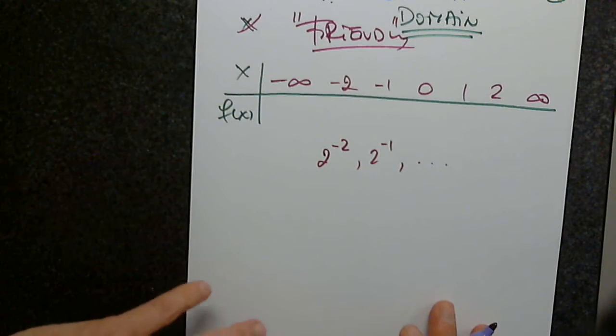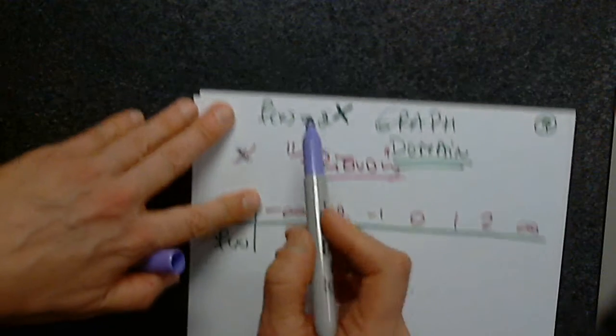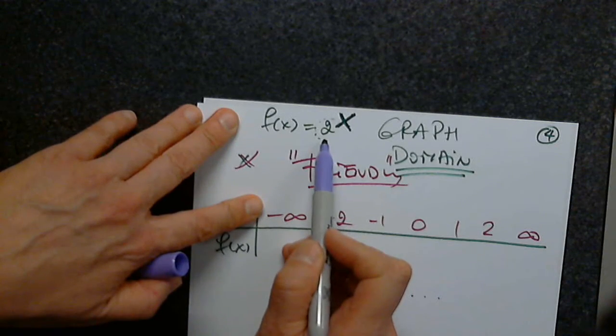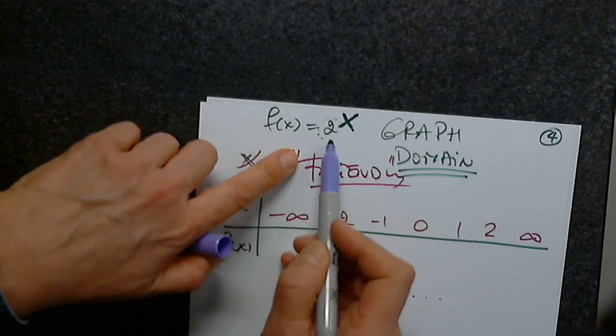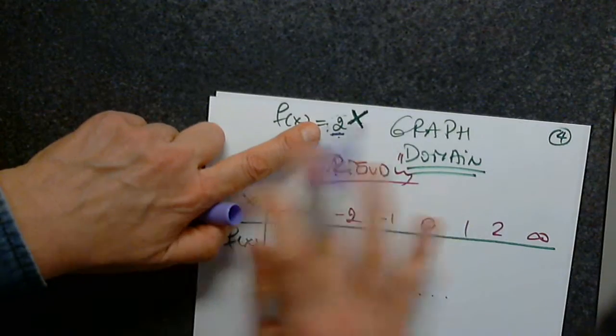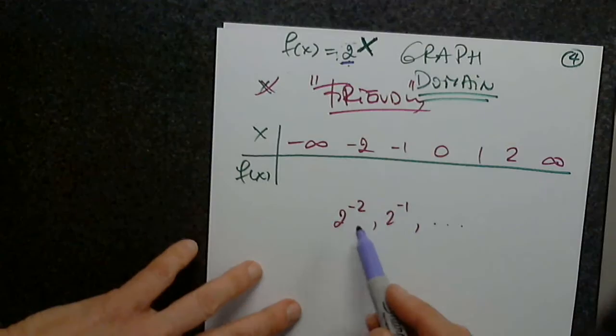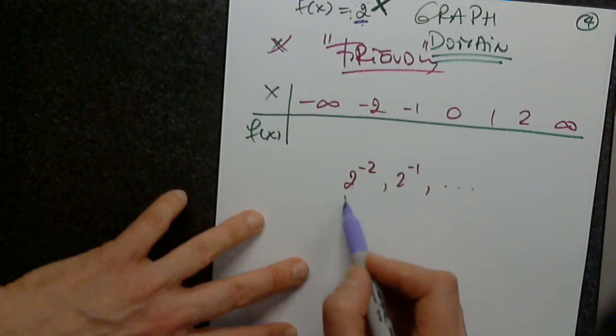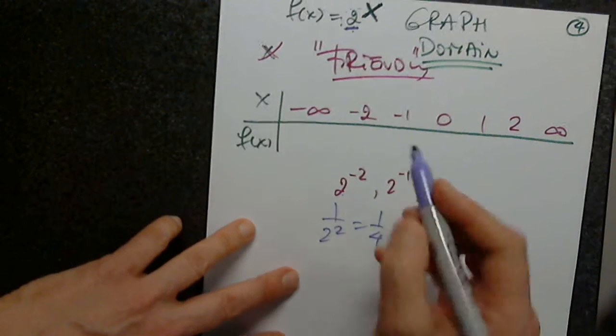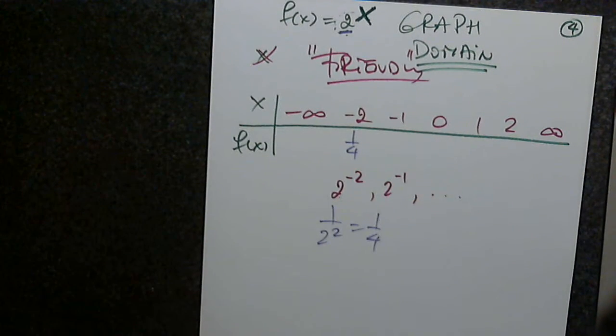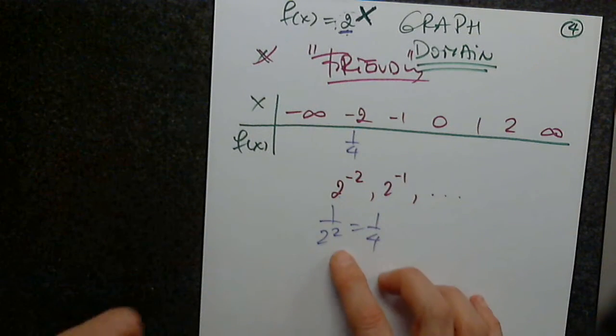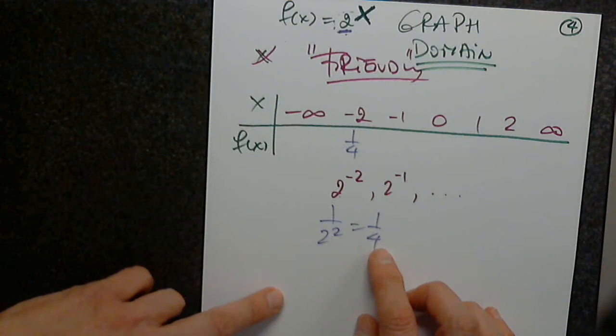You said -2 raised to the second power. -2 cannot be the base. The base of this exponential function is clearly 2. So we want to raise 2 to -2, which is 1 over 2 squared, which is 1/4. So please try to get used to a negative exponent being a fraction. We have to understand this. So 2 raised to -2 is 1 over 2 squared, which is 1/4.